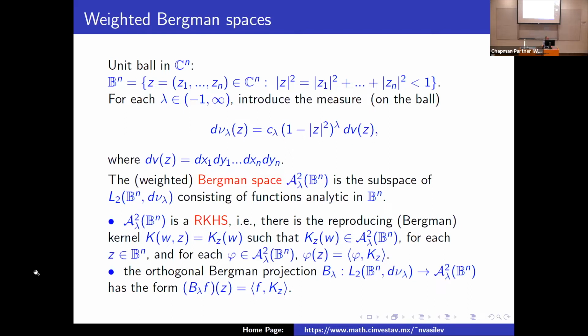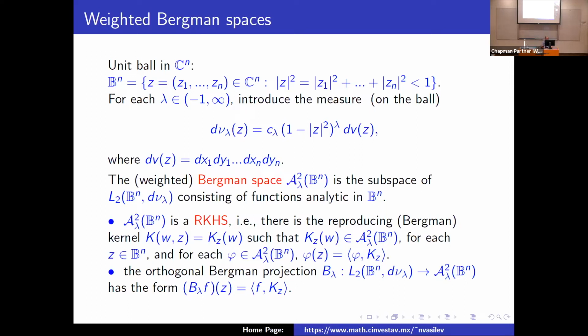Then we consider the Hilbert space L2 with this measure, and its subspace, the weighted Bergman space, which consists of all functions being analytic on the unit ball.